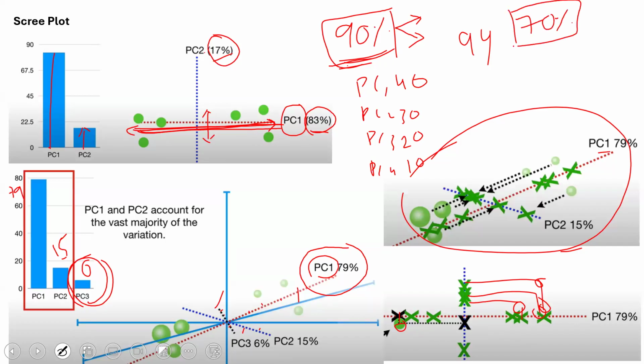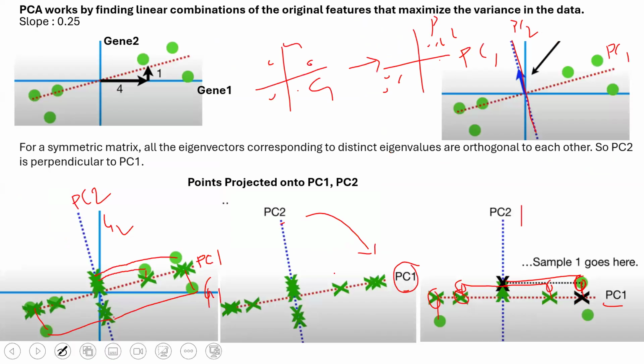If you are okay capturing just 70% of the variance and doing a dimensionality reduction, you can get rid of these two dimensions. When you calculate the principal components, you are individually separating each principal component, and once they came up, you project the points onto every dimension.